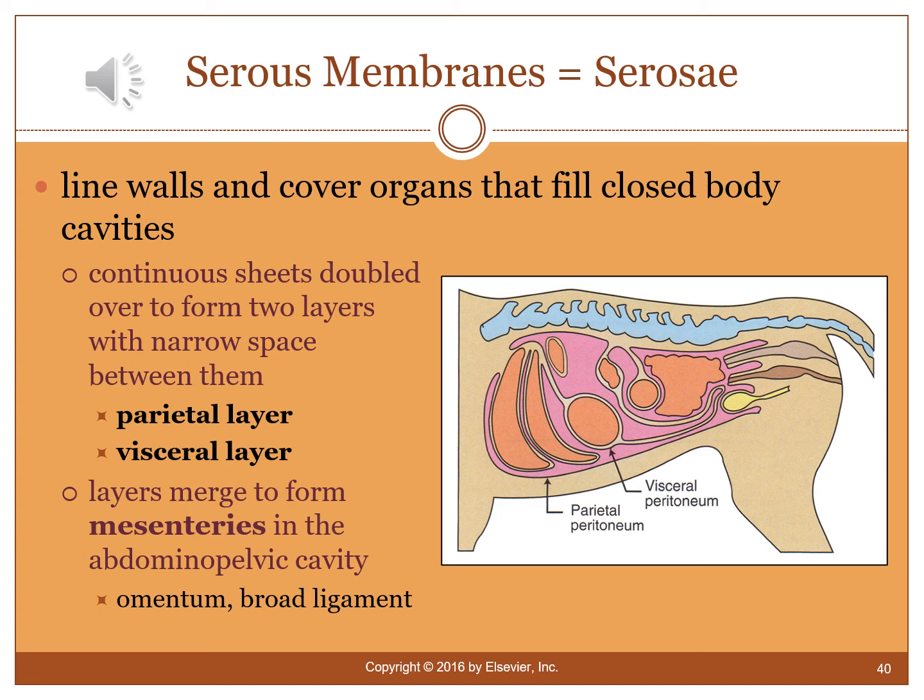The parietal layer is what the cavity wall is lined with, and the visceral layer is what is covering the outside surfaces of the organs. So you should know those two words, parietal again being the layer covering the peritoneum or the peritoneal space, and the visceral layer is the outside covering of the organs.